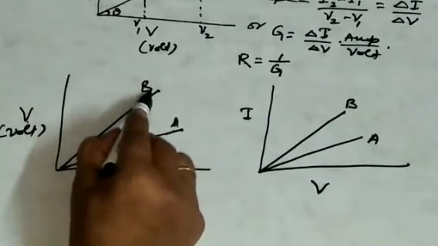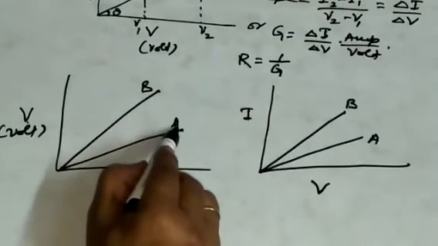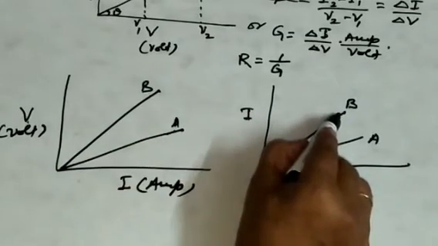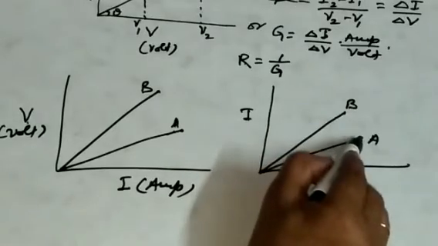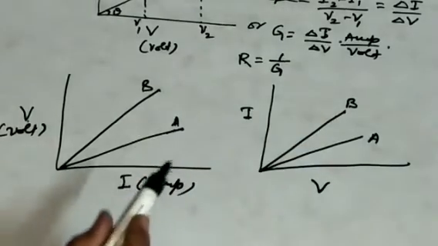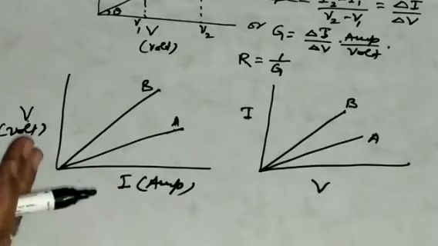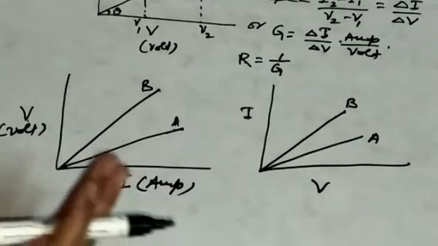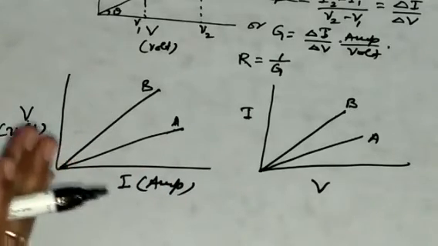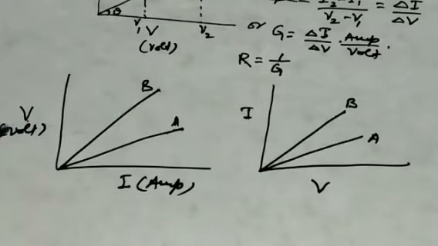So here the resistance of B is less than the resistance of A, but there the resistance of B is more than the resistance of A. So in this way, if any graph is given, either V versus I graph or I versus V graph, then by calculating their slope we can calculate either the resistance or the conductance of that conductor.